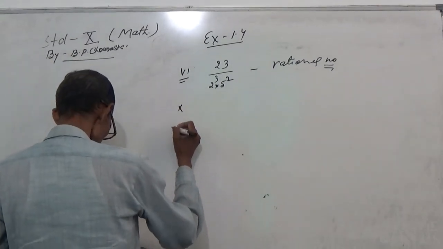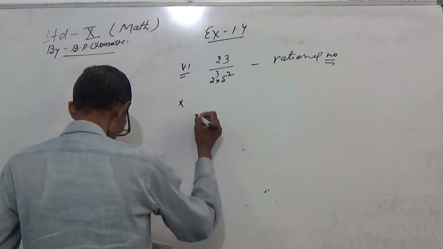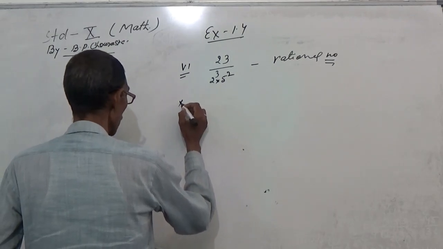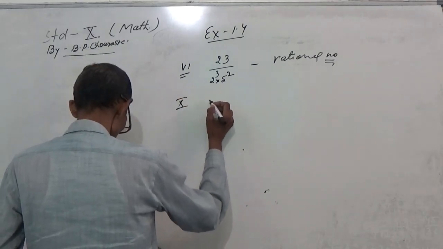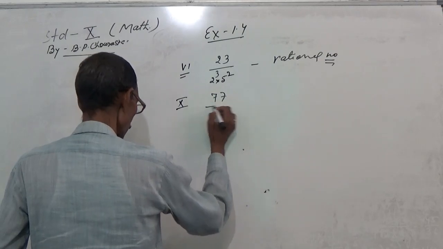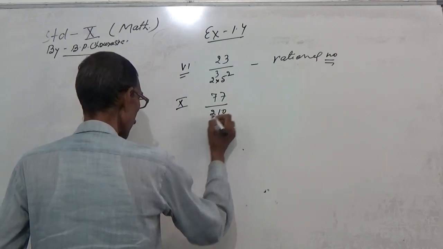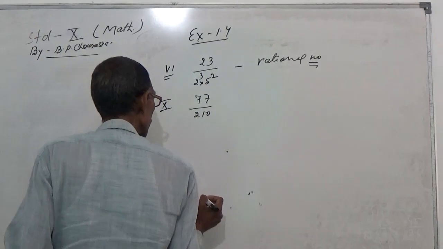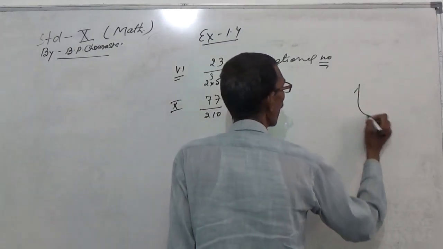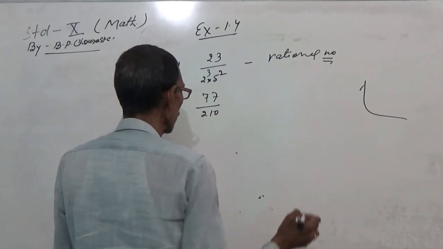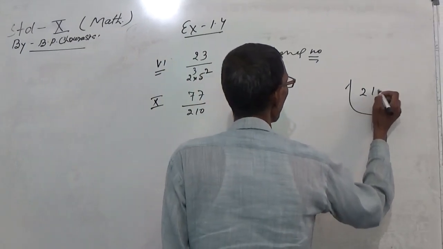Question number 10: 77 by 210. Now find the prime factors of 210.